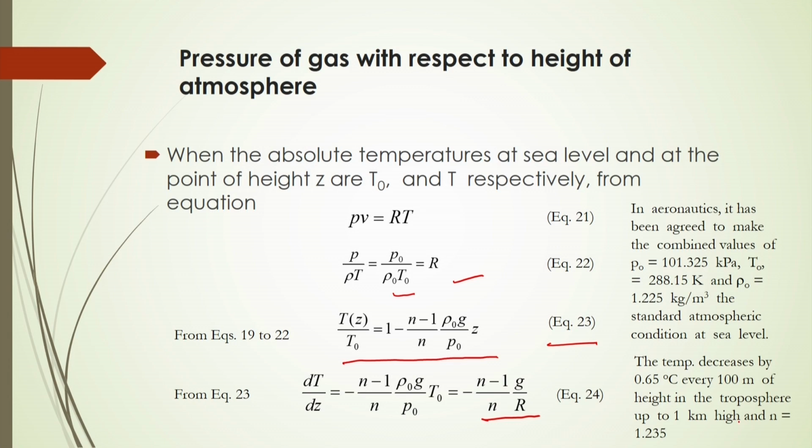Then temperature will decrease by 0.65 degrees centigrade every 100 meters of height in the troposphere up to 1 kilometer, where n should be considered as 1.235.